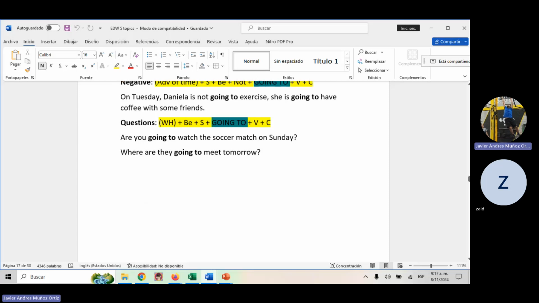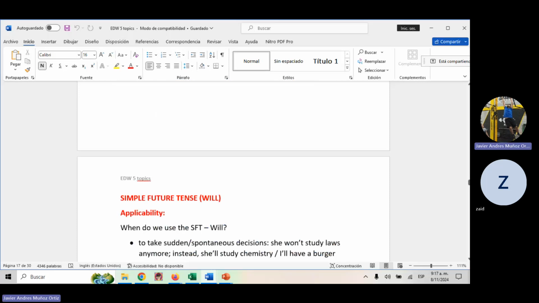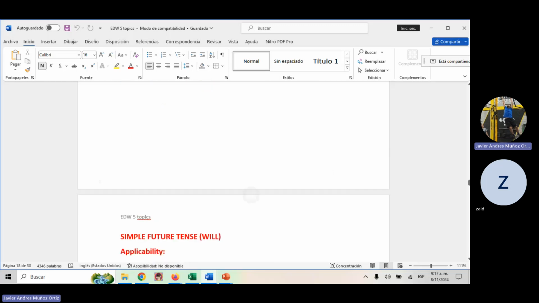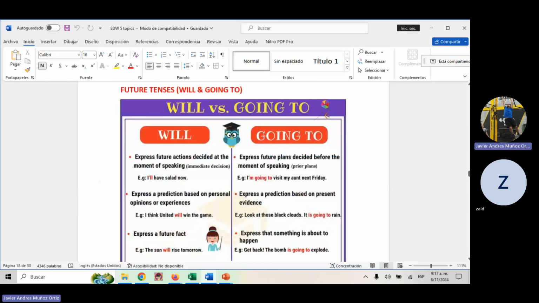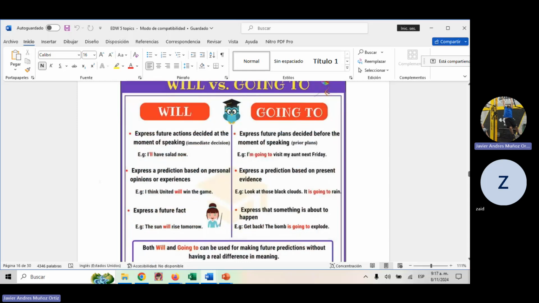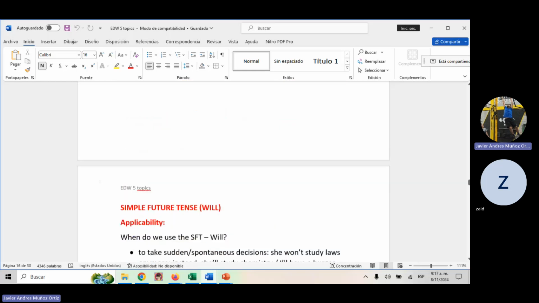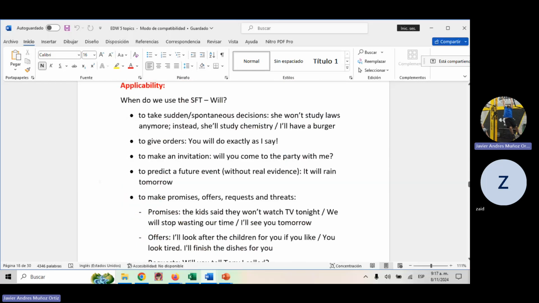¿Vale? What about will? We are going to use will for many reasons. We already mentioned the parallel between will and going to, and we already mentioned some reasons why we study future will, right? We're going to focus a little more on the reasons why we study the future will.